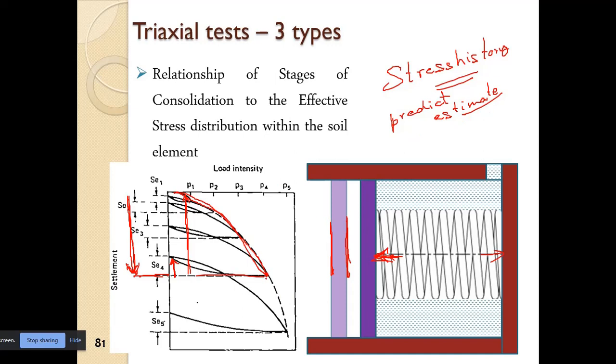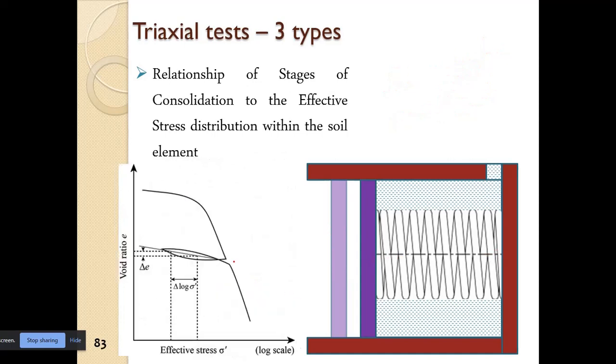All right, so here again when we load, we will get one recompression curve. From there again it will be a virgin curve. So in case of consolidation, we have a consolidation curve. From there is a release, so some amount of expansion is there.